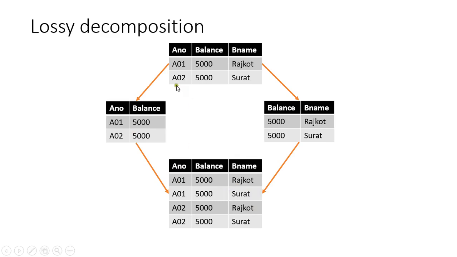The actual data was different, and after decomposition and join we get this data. So both are not the same. There are some extra records here. So this type of example is called lossy decomposition.